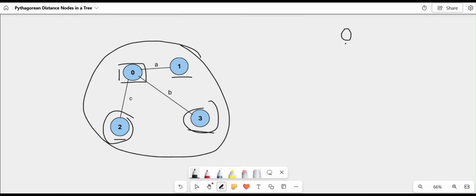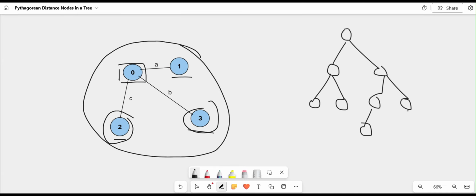Let's take another example. Let's consider the target nodes here are these. Now we have to find again the number of nodes whose distance from these 3 target nodes result in the Pythagorean distance condition.